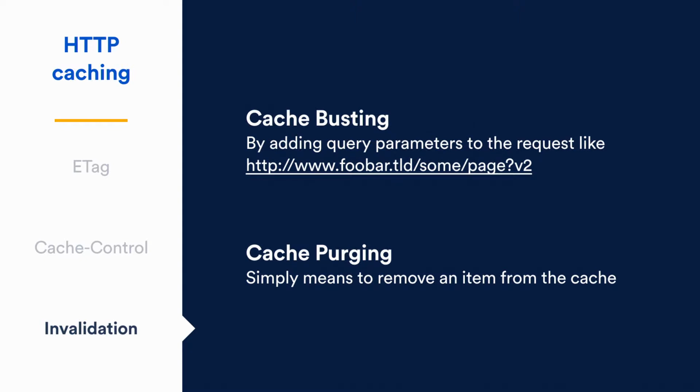So if you have a URL foobar.tld some page, if you append the query parameter v2, it effectively requests the new resource, which isn't cached. So it gets the cold cache, and that circumvents the cache. And cache purging simply means to remove an item from the cache. And that might be done through, for example, CloudFront UI by creating invalidation on a specific resource.